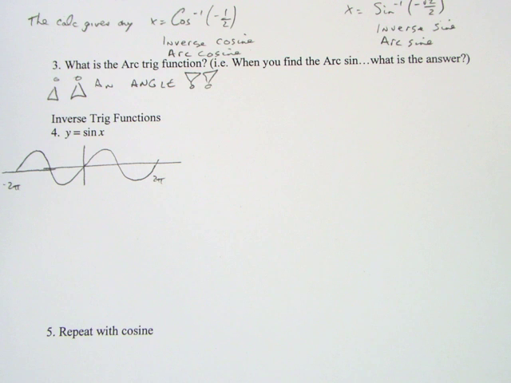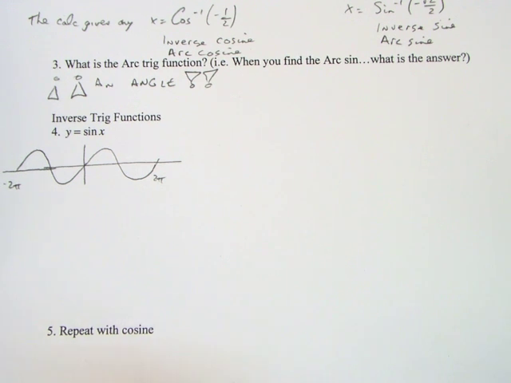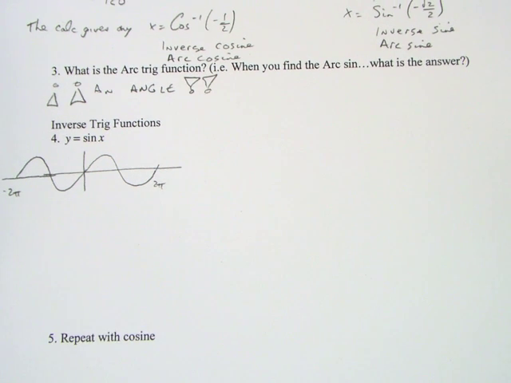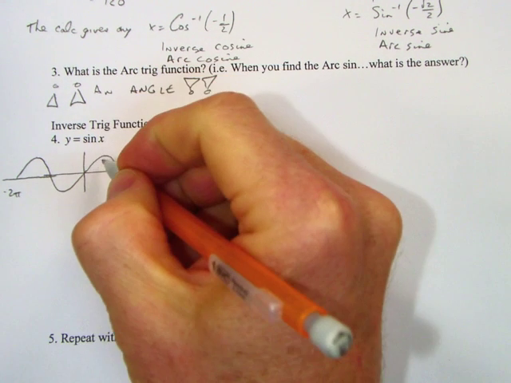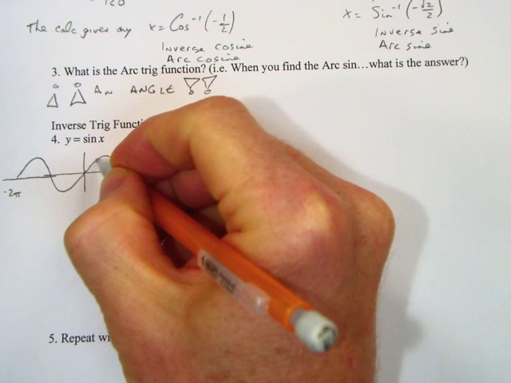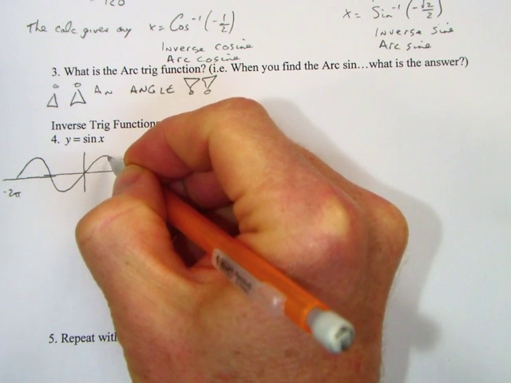Now, one of the things you want to remember when you're limiting the domain is we're always going to include the first quadrant. That's the key thing there. We want to be able to include all of our values. We want it connected, if possible, and we want it to include that first quadrant. So if I go first and second here, will this have an inverse?